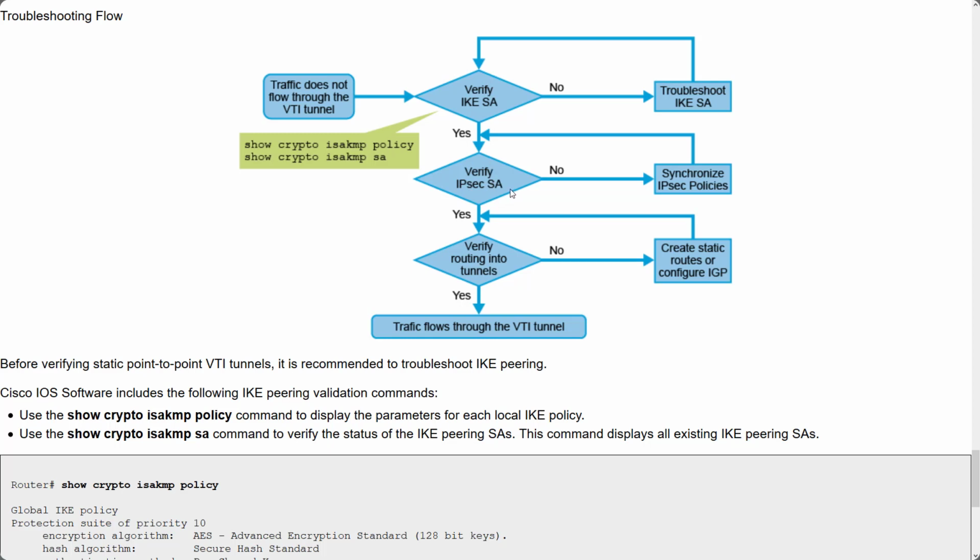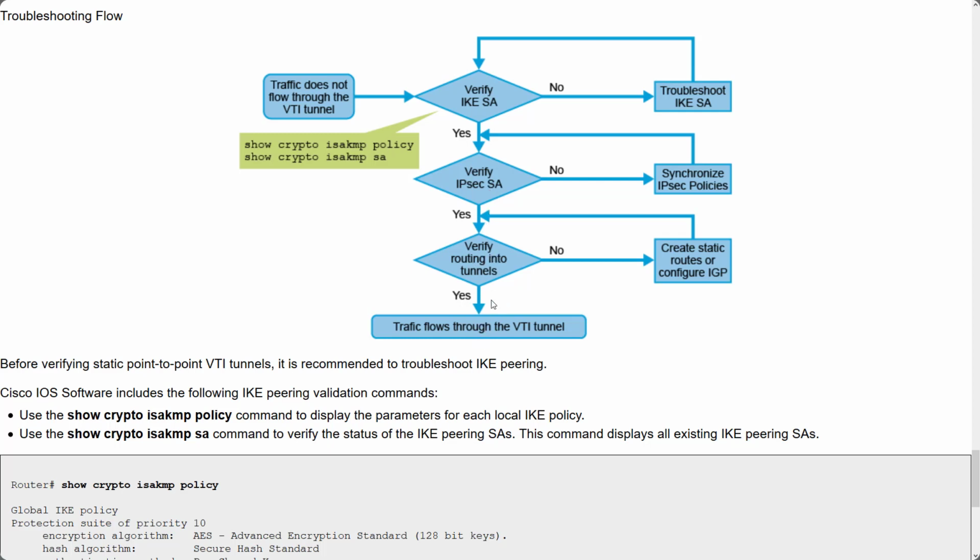And if phase 2 is working, if I do a show crypto IPsec SA and I see encrypted and decrypted packets and I see my SPIs, my security parameter indexes, created, then maybe I need to start troubleshooting routing. And if routing's working, then traffic should be flowing through the tunnel.